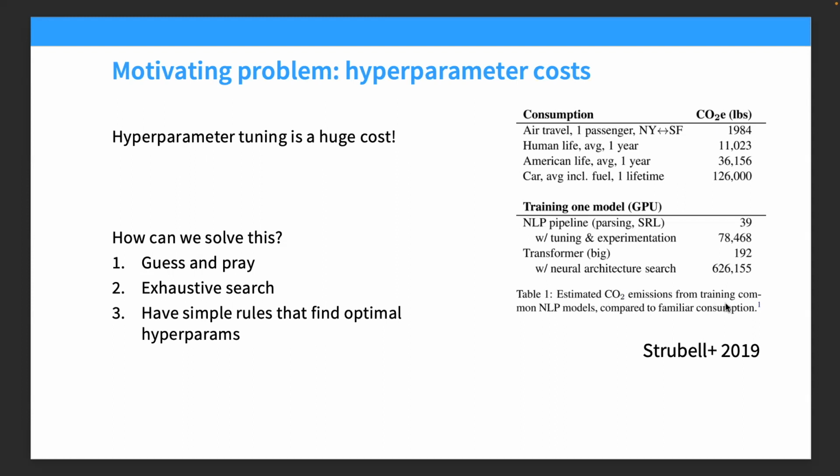So what if we can identify simple rules to predict how the model performance will be according to the hyperparameter configuration, without actually implementing that configuration and running through the whole data sets to get the performance? That will save us a huge cost.